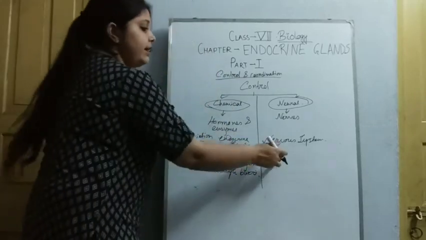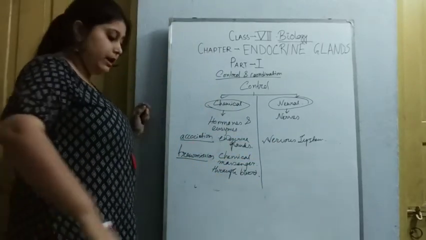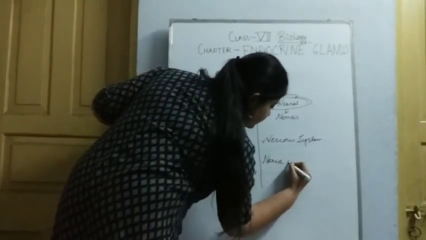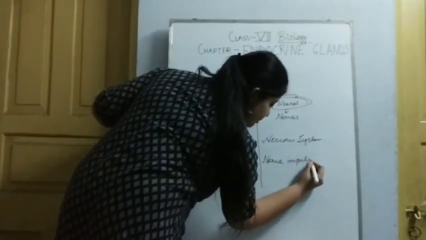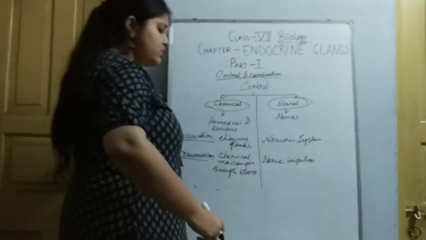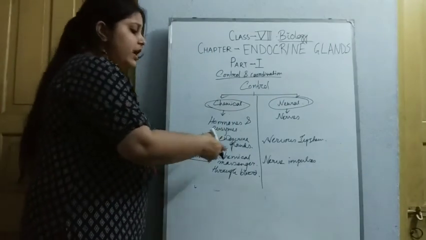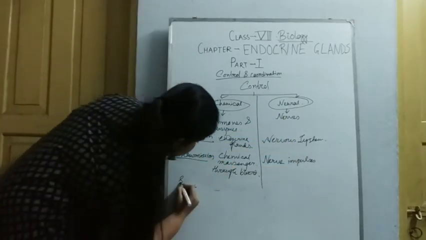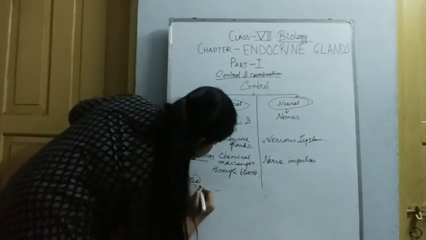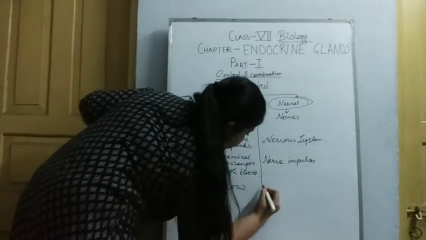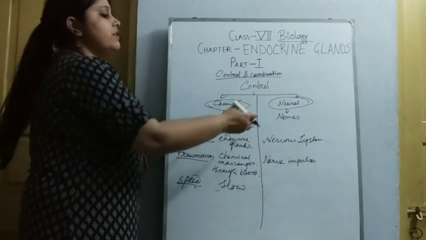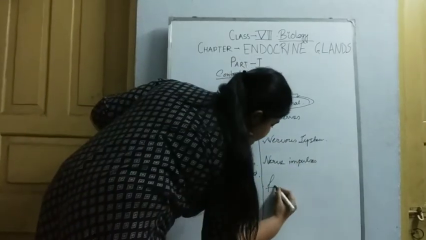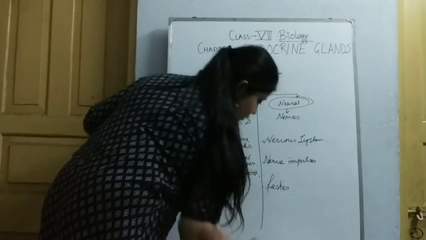In neural control, the transmission is done mainly by nerve impulses. So the speed of the chemical transmission is slower than the neural control, and the speed of nerve impulses is faster.